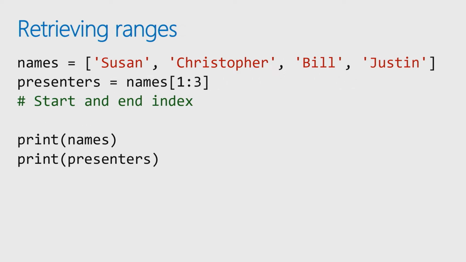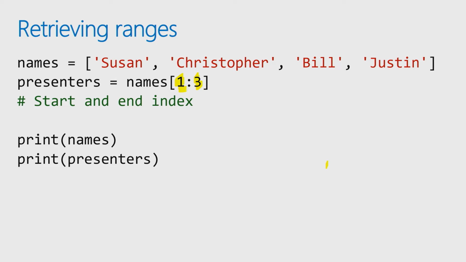I also want to mention that we have the ability to grab a range, or a smaller sub-collection, if you will, of our larger collection. So if we take a look at Susan, Christopher, Bill, and Justin, I can grab a range by indicating the start and the end index here. Now, it's going to be up to but not including that end index.